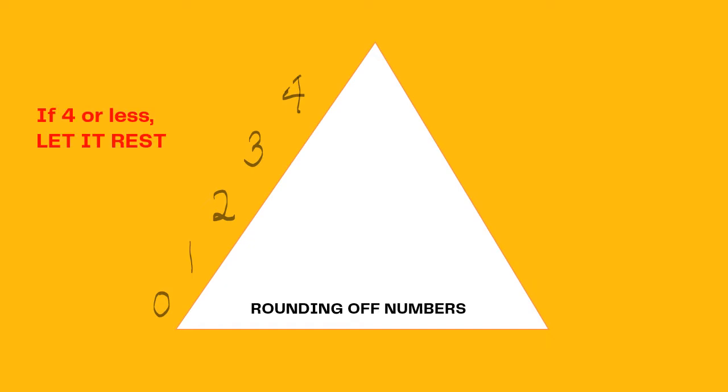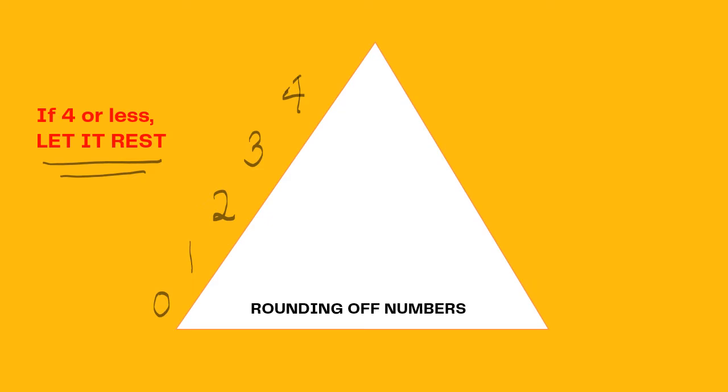So here's our triangle for rounding off numbers. The numbers on the left side are, if you can remember, 0, 1, 2, 3, and 4. So that's when, if 4 or less, we're going to let it rest, which means we're not doing anything to the number.